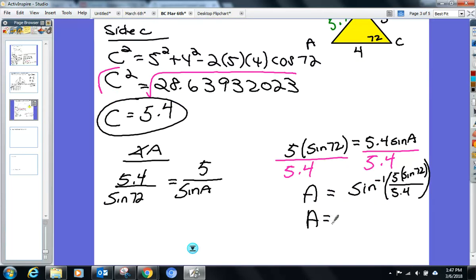And angle measurements are getting rounded to the nearest degree. So we're going with 62 degrees.